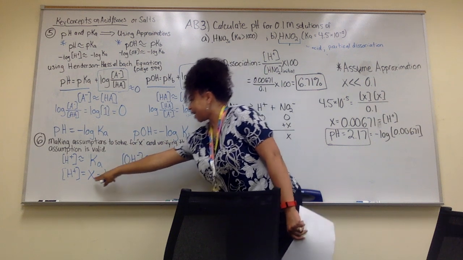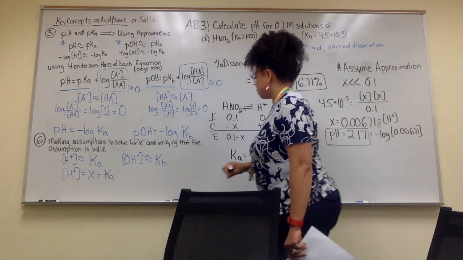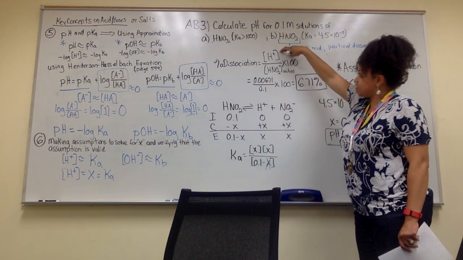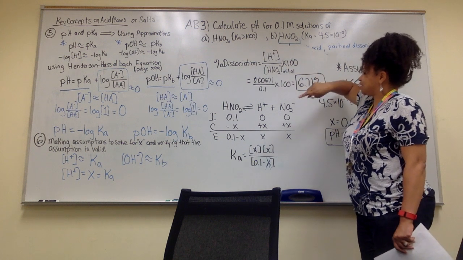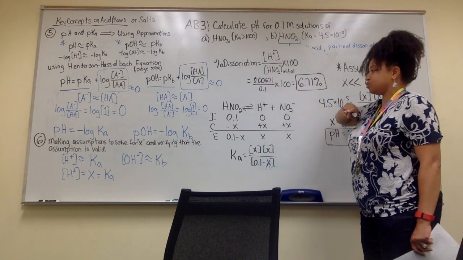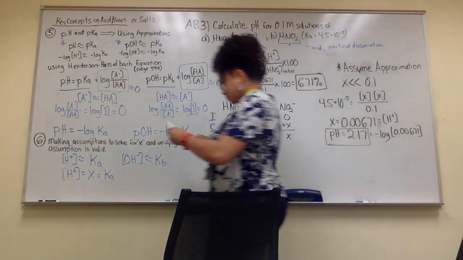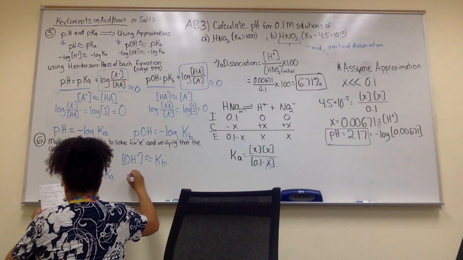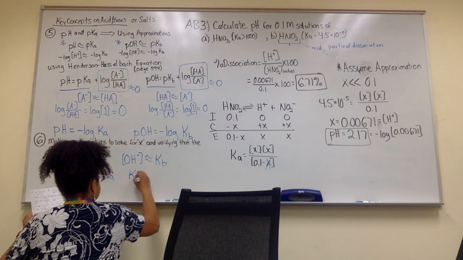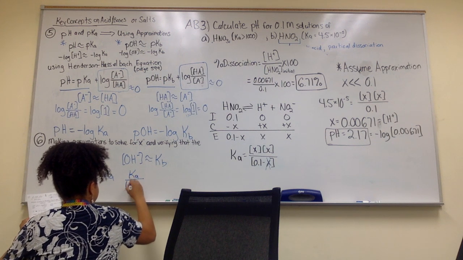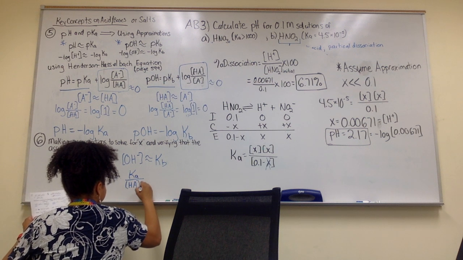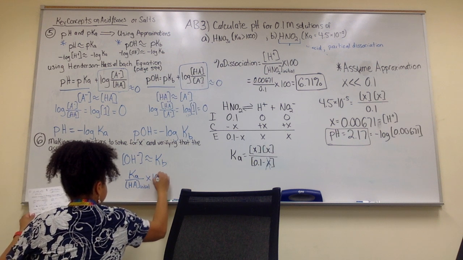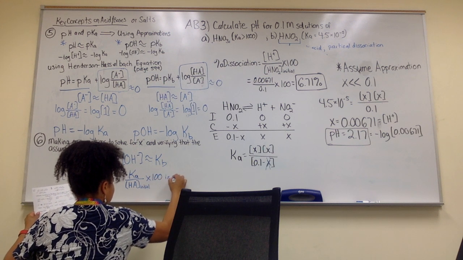So if we're saying that x is equal to Ka, we can then use, for the percent dissociation, we can substitute Ka over HNO2. So we're saying that Ka over the initial concentration of acid times 100 is small.